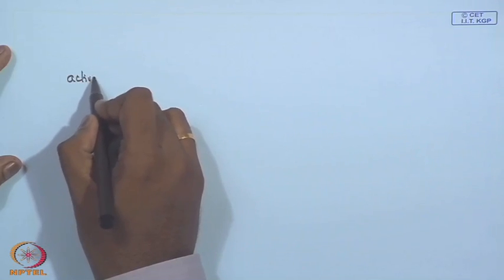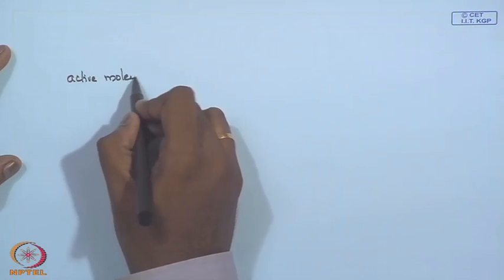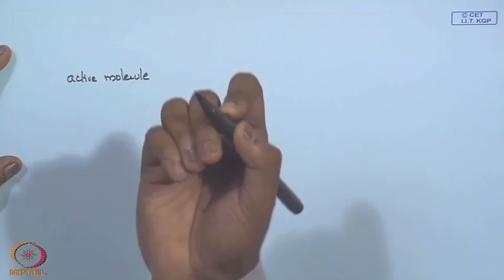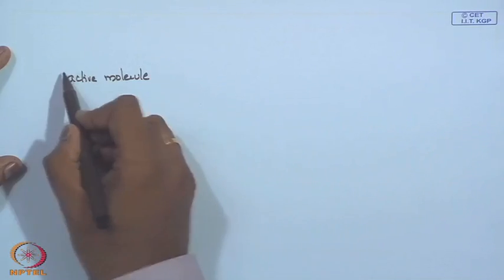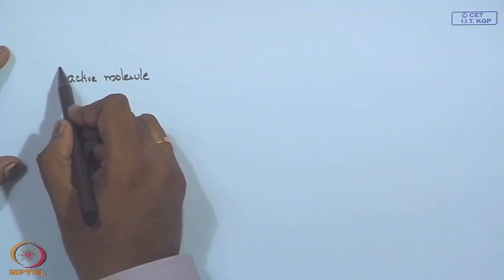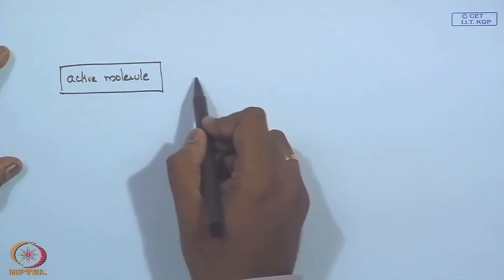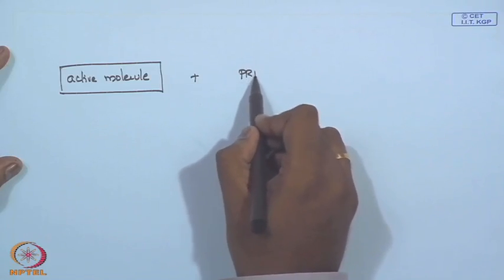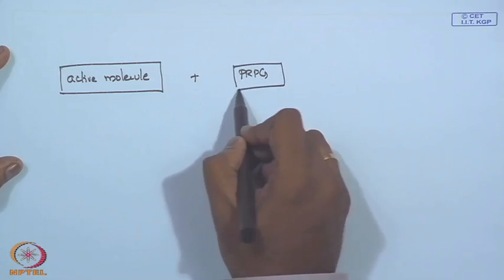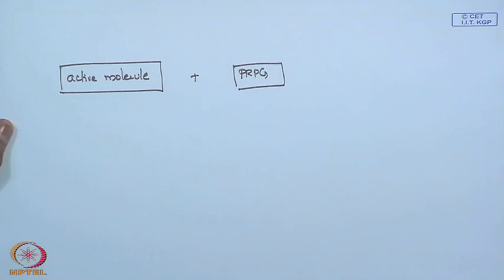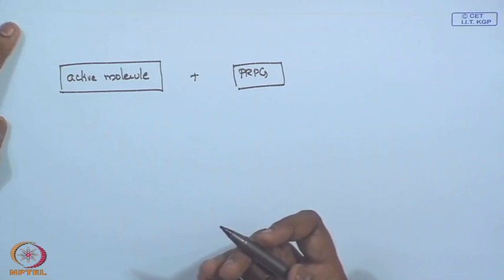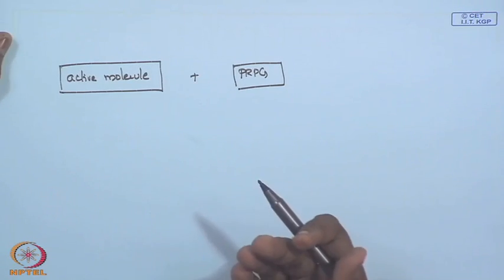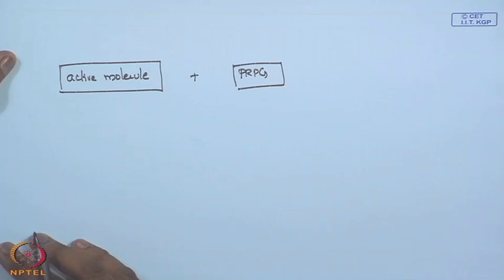So what you do is you take the active molecule. For example, I am taking chlorambucil, which is my anti-cancer drug, and then I take my photo removal protecting group. You can take a protecting group like coumarin, so that it can be water soluble, or it can absorb at a longer wavelength, so that your cell is not affected.